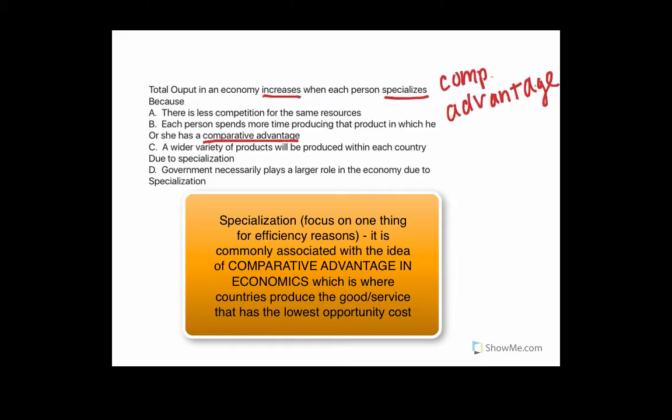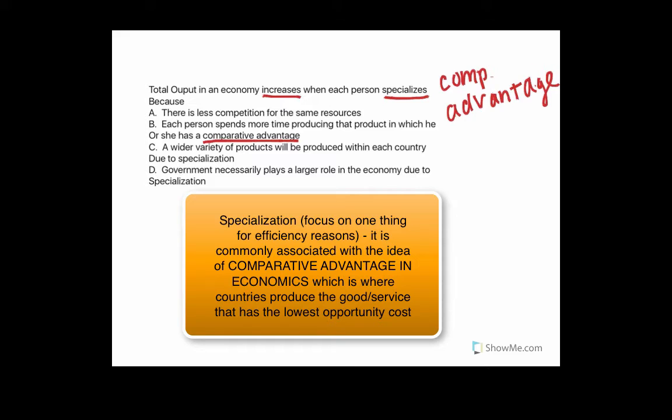C, a wider variety of products will be produced within each country due to specialization. When we specialize, we are actually making fewer things because we only make what we do best. And D, government necessarily plays a larger role in the economy due to specialization. Well, this is not necessarily true.